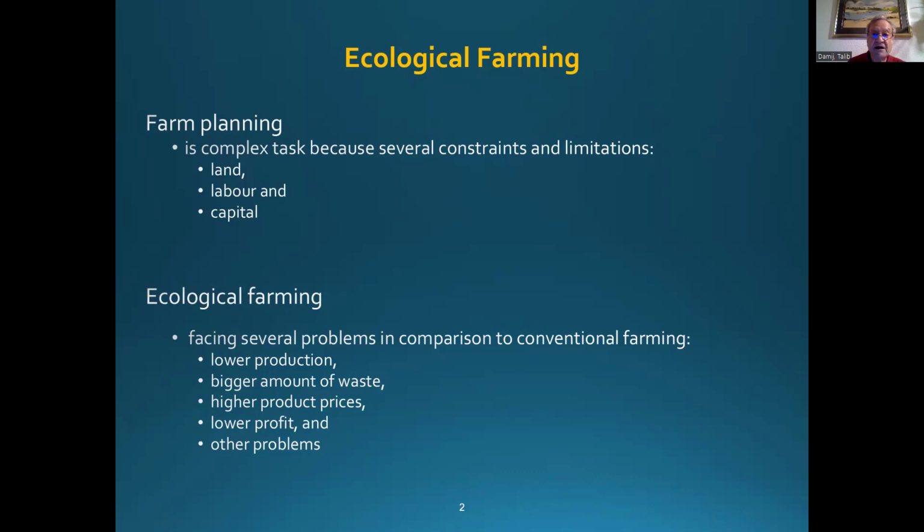Labor is another important constraint that impacts the farming expenses. Capital is a crucial limit to farm planning.